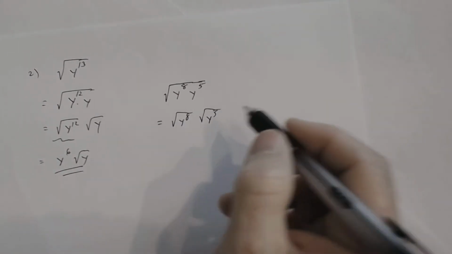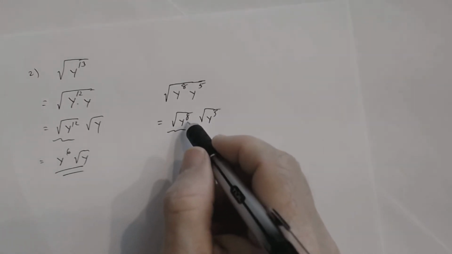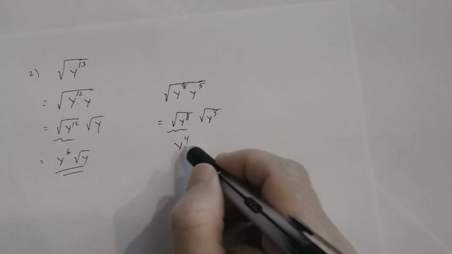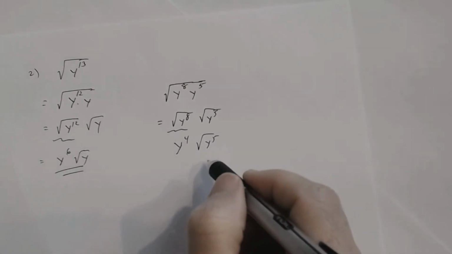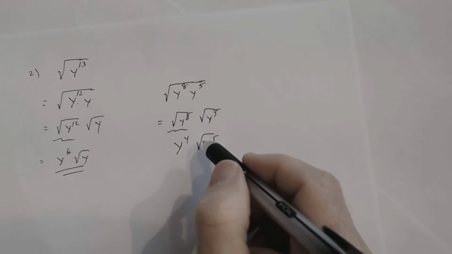And the square root of y to the 8th, well, I know that's going to be easy now because y to the 4th times itself is y to the 8th. And so I get y to the 4th times the square root of y to the 5th. Now, you've got to ask yourself, can I simplify this further? Yes, I can simplify that further.